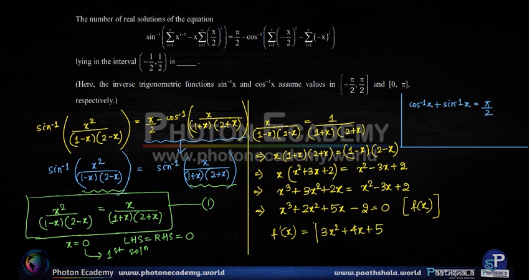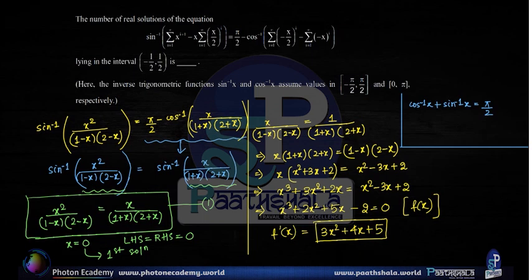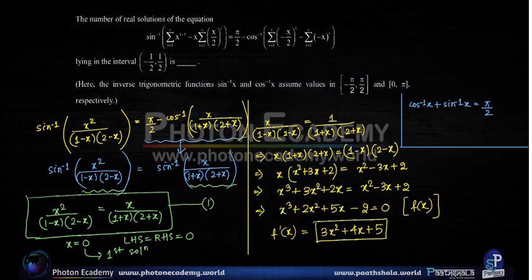Now we have to find if this is always greater than 0, or always less than 0, or not monotonic in nature. To find that, we have to write it in such a form so that there is a square term plus an addition term.